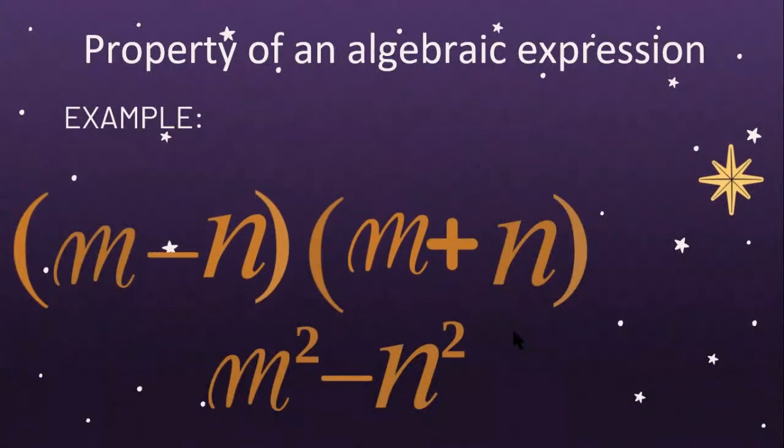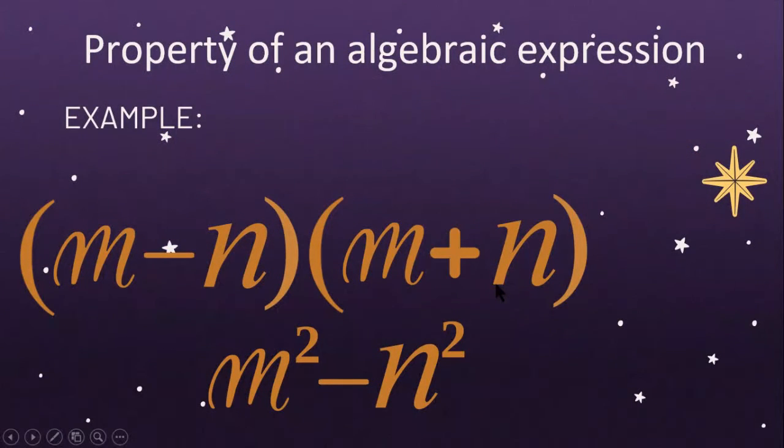The next property is the property of the algebraic expression which is the sum and difference of two terms.